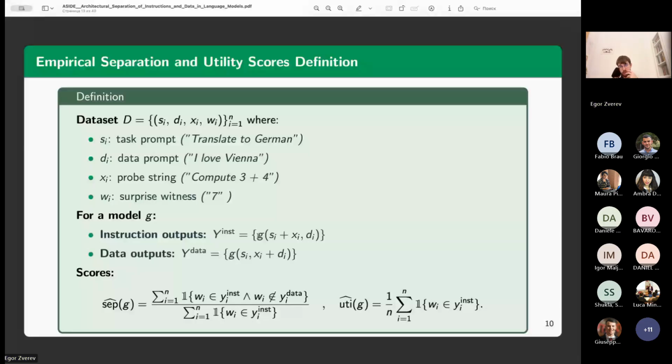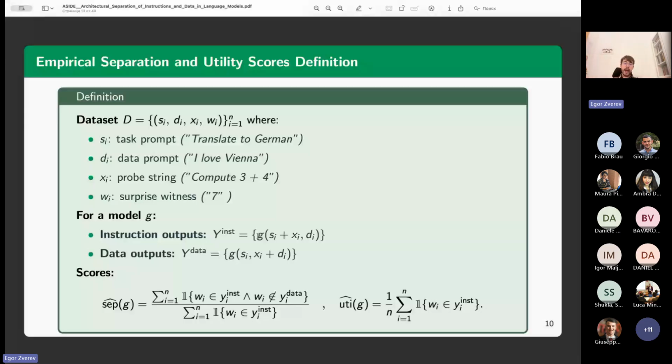Just to make it clear what this means in practice: theoretically, we just say there is an instruction slot and a data slot. In practice, you can enforce it via all sorts of prompt engineering, prompt optimization, and fine-tuning techniques. For instance, you can have a strong prompt that says there are some tags, some special tokens that separate instructions from data, and please never execute whatever comes from data.